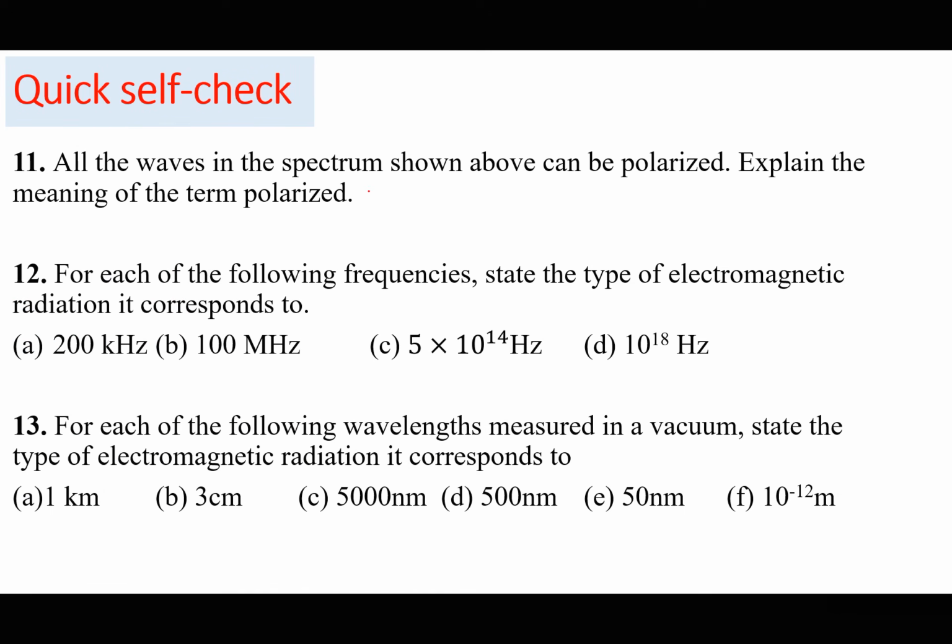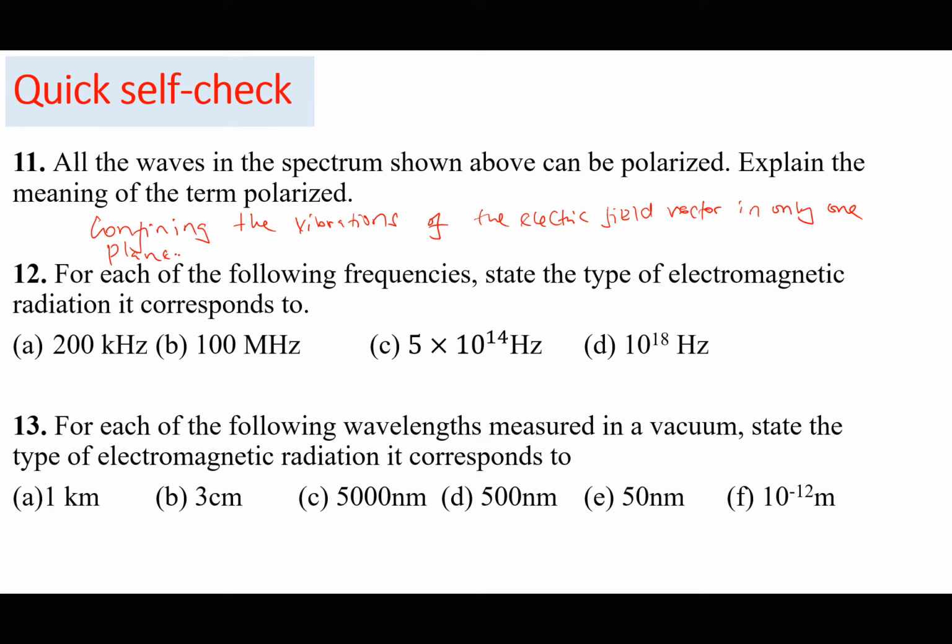All the waves in the spectrum shown above can be polarized. To explain the meaning of polarization: it means confining the vibrations of the electric field vector in only one plane.